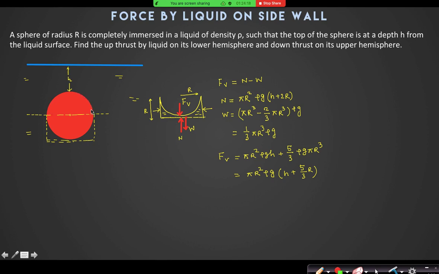Similarly, can we find what is the force on this upper hemisphere? Force on the upper hemisphere is easy. Can I only take the weight of the liquid above it? If you draw the free body diagram of this liquid, this force is F and this is the weight.